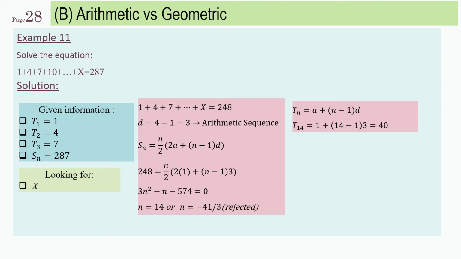You already know that n must be a positive integer, so you reject the negative value. So then, sorry, the T14 actually, the x is 40.